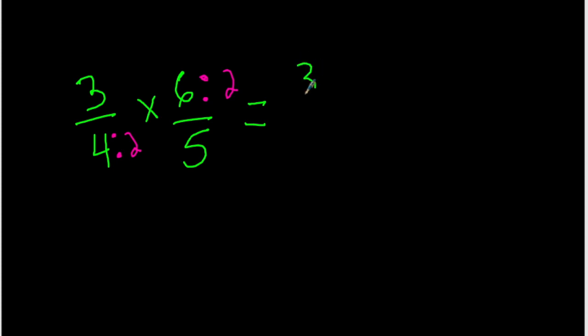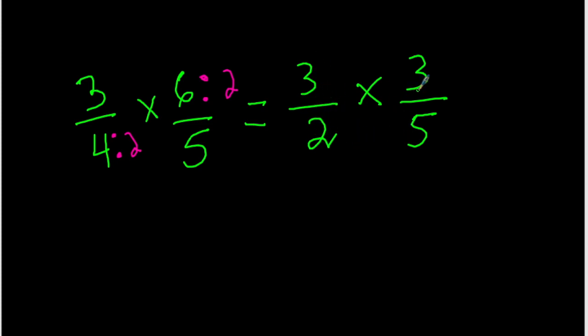So now we write 3 over 2 times 3 over 5. We reduced the fraction, so now there is no fraction either on the first one or the second one that can be simplified. So this is the simplest form.